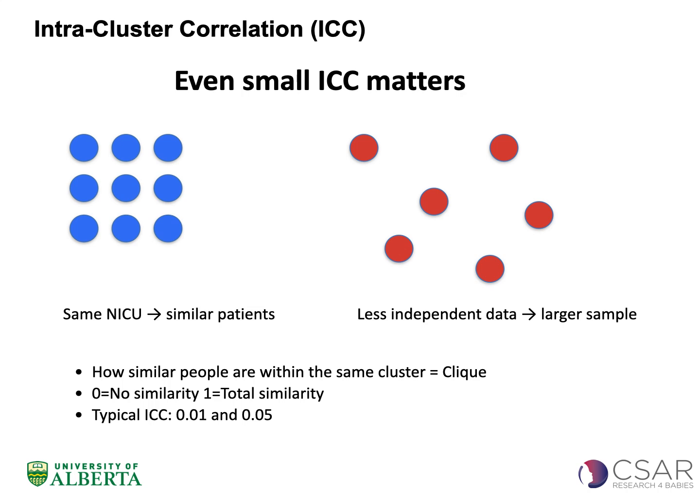So the typical ICC we have for any of these cluster trials is somewhere between 0.1 to 0.05. And for our trials, we take them from the Canadian Neonatal Network, a database including over 30 NICUs across Canada, which submits data to the network for benchmarking, and we can use this to calculate our ICC.